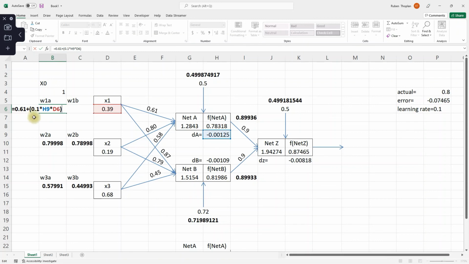You take 0.61, the current weight, plus 0.1 times delta A times the input from node 1 to node A. The input from node 1 to node A is 0.39, and you get this value. And you can reapply this formula for B, where now you are going to use delta B, and so on.